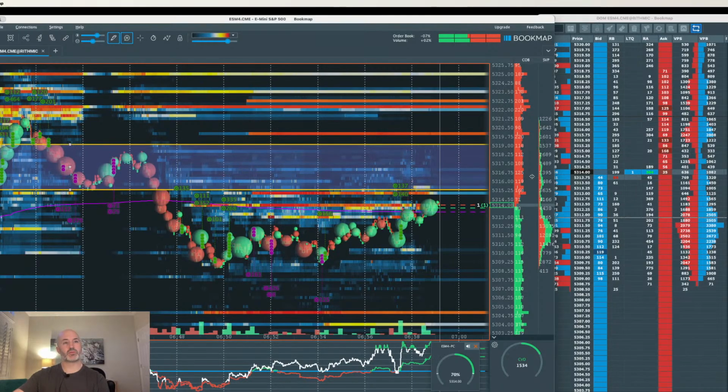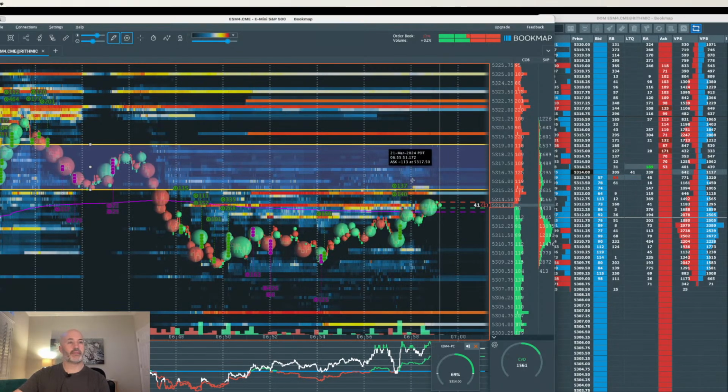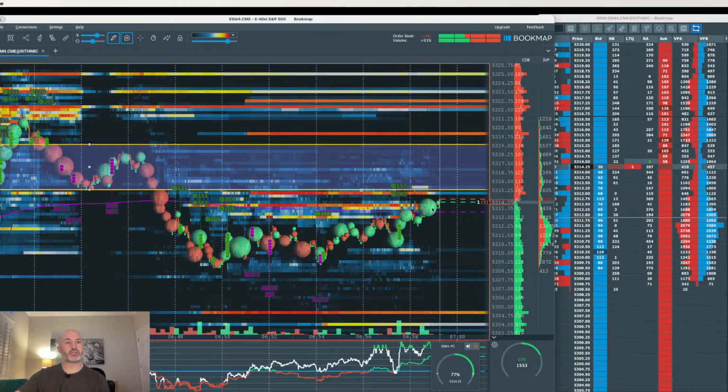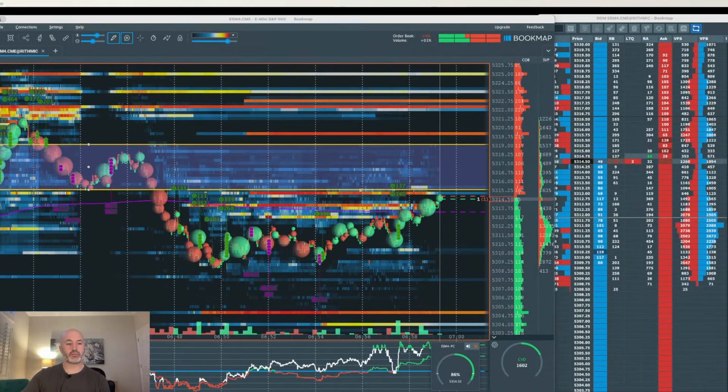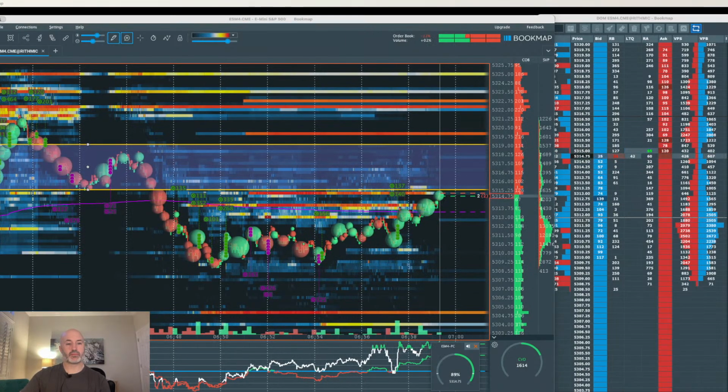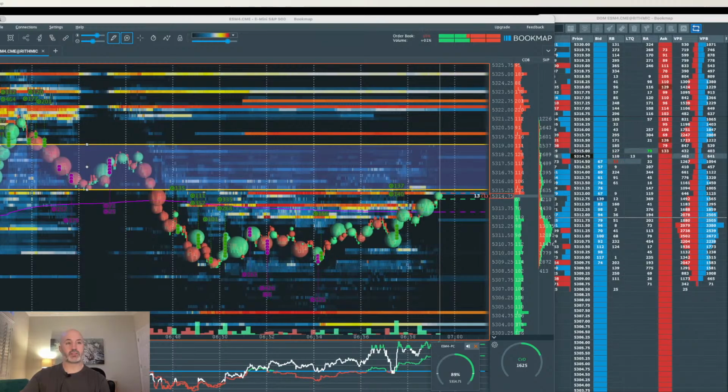See if I can extend this box over here. Sometimes Bookmap is a little weird. Okay. So this is the zone I want to get into. And it's coming back into that zone.